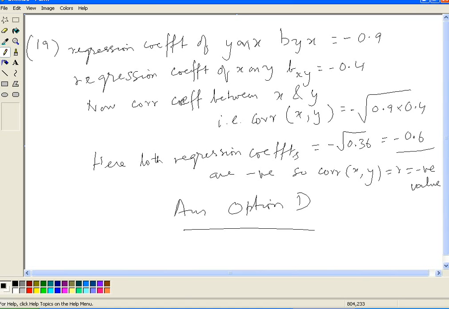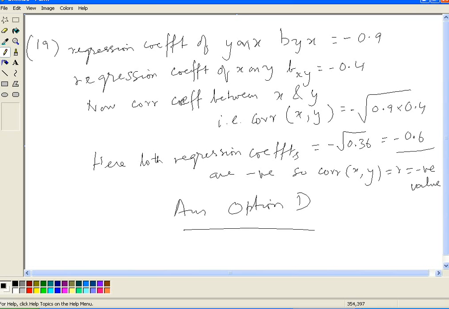If both of them are negative, then correlation coefficient of x comma y would also be negative. So after taking the square root of the product of these two regression coefficients, we need to add one negative sign.